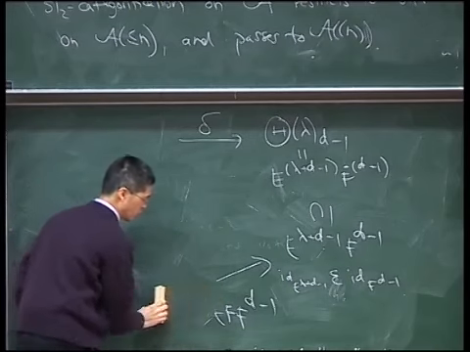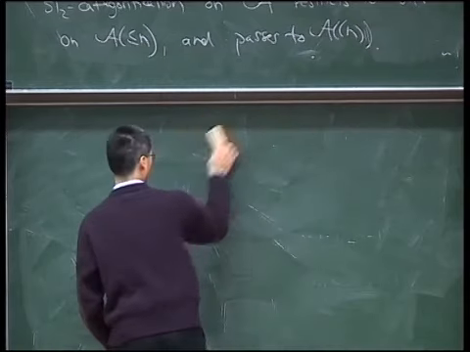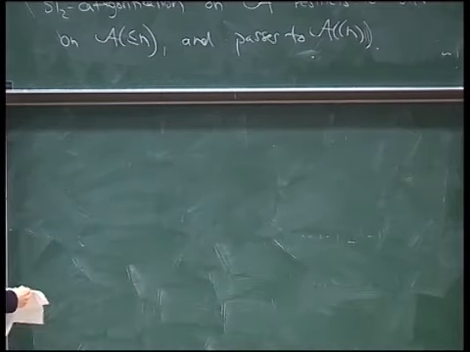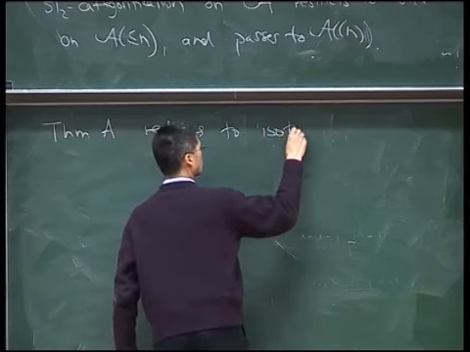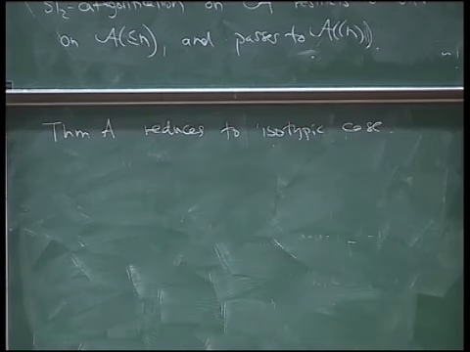That amounts to a reduction to the case where the sl2 module is isotypic. In that situation, one can strengthen theorem A. One essentially gets not just derived equivalences, but equivalences of the actual abelian categories.